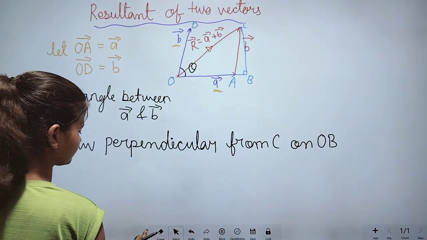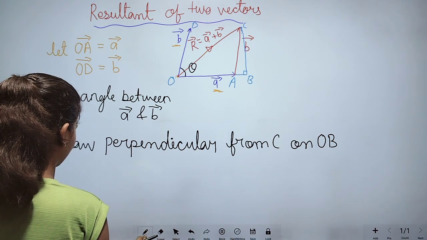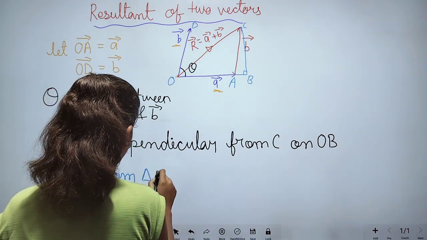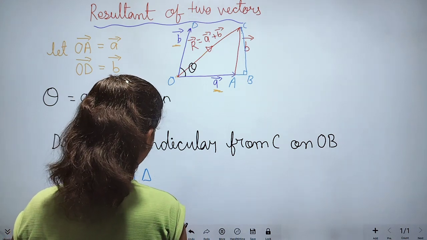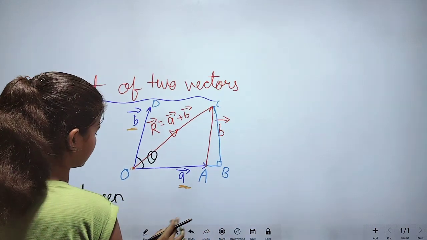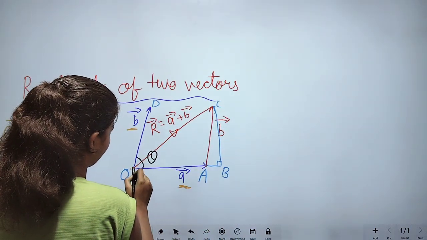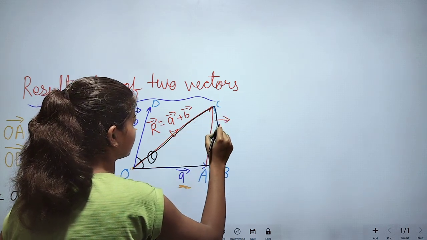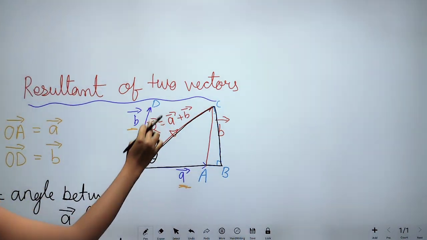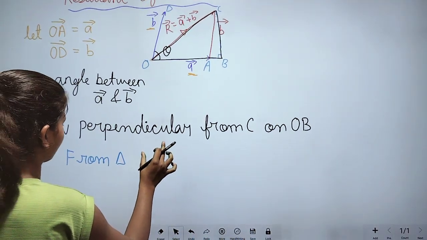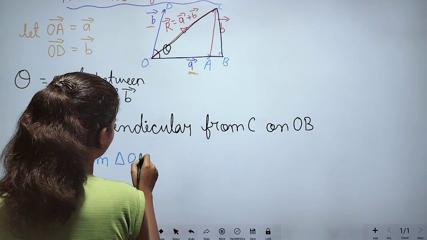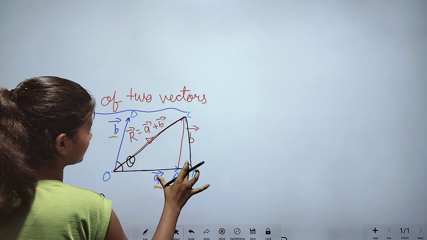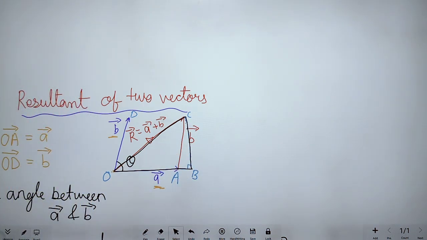And now from triangle OBC, here you can see that this one is a right angle triangle because this angle is 90. This one is a right angle triangle.